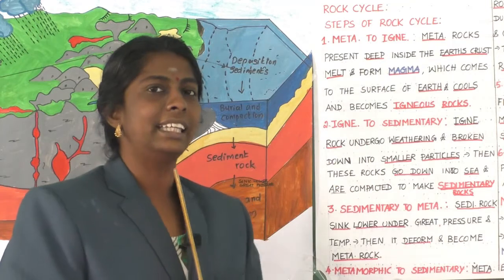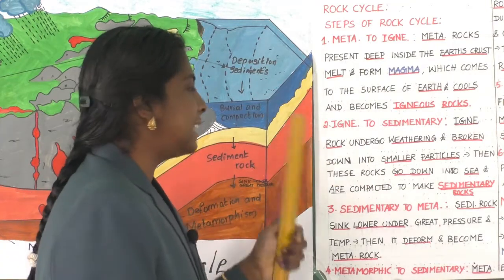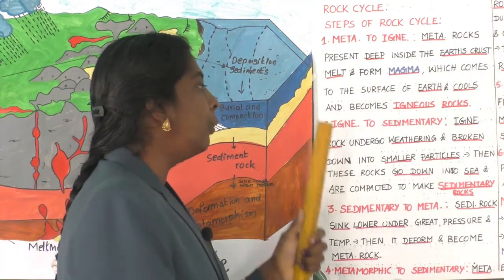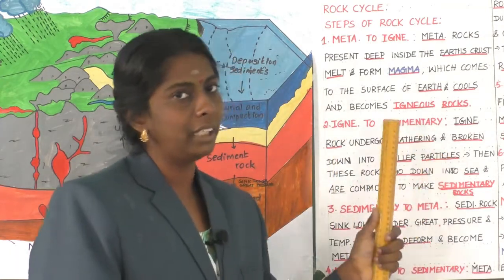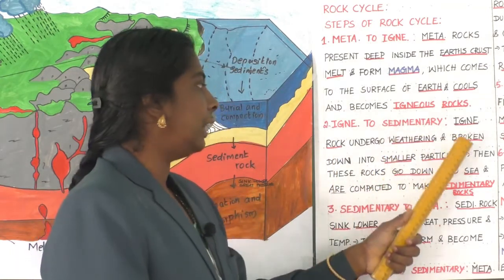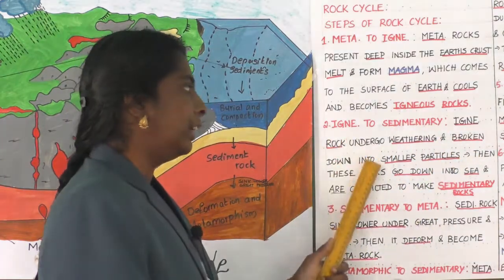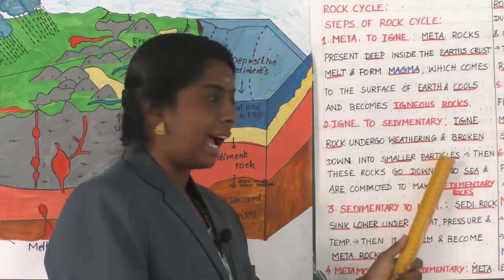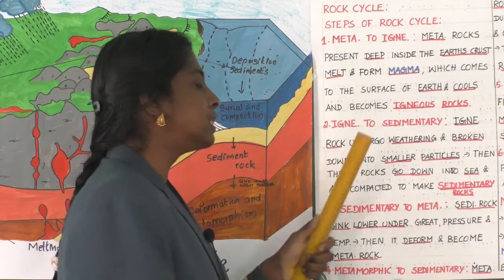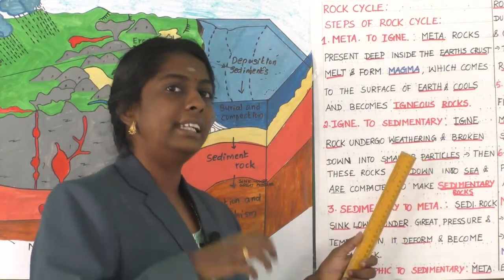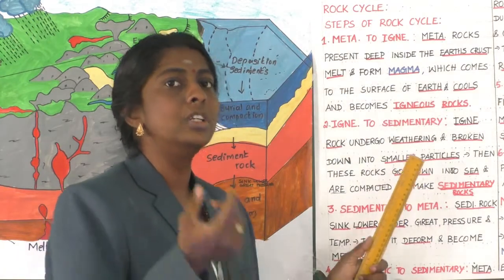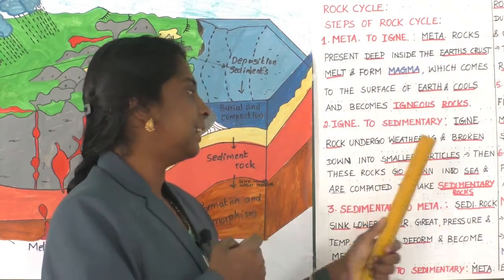Clear children? Yes. Now about the second step, that is how igneous rock is converted to sedimentary rock. Igneous rock undergo weathering and is broken down into smaller particles.